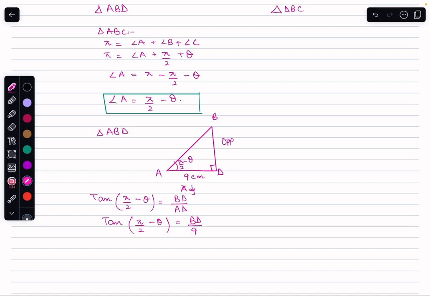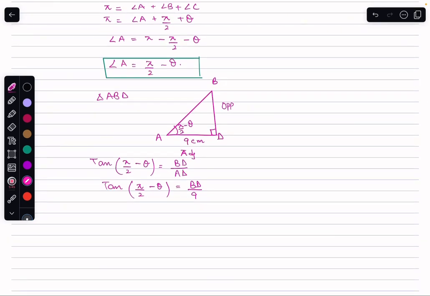Now there is one more thing we can notice here, the complementary angle identity: tan of π/2 minus θ is 1 over tan θ, which will be equal to BD over 9. Simply, BD is equal to 9 divided by tan θ, which is 9 cos θ over sin θ.